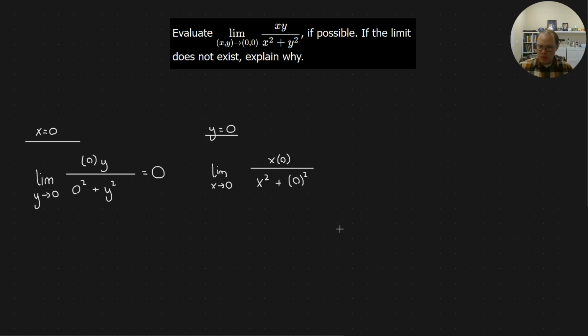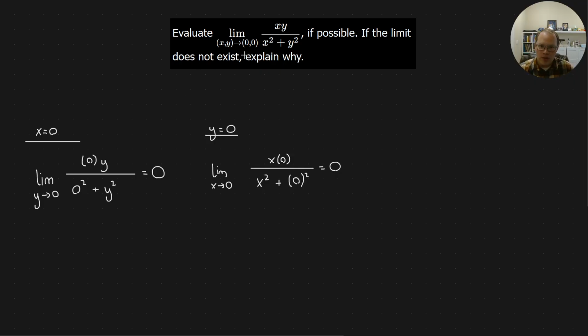Pretty much the same thing as what we just dealt with, right? x times 0 would be 0 in the numerator, and then we get something not 0 in the denominator, because x is going to just be close to 0, not 0 itself. If it was 0, we'd have problems, right? 0 over 0 is an indeterminate form. That'd require more work. But 0 over something not 0 is 0. Okay? So, hey, look, in two directions, our limits agree.